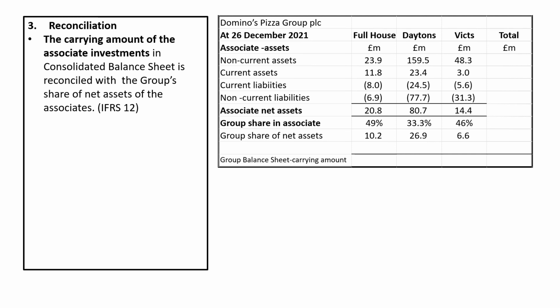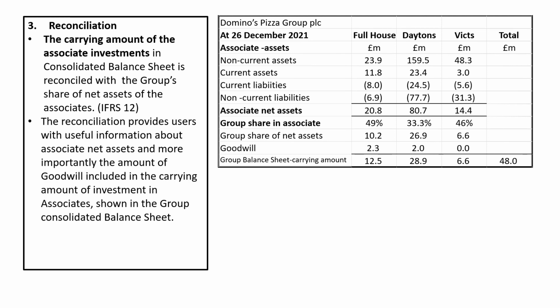You then have the carrying amount of investments in the associates in the balance sheet, which is 12.5, 28.9 and 6.6, and the difference between the group share of the net assets and the carrying amount represents goodwill, and that is 2.3 for Full House. Daytona it's 2 million, and for Victor it's nothing, simply because it was acquired on the 20th of December 2021.